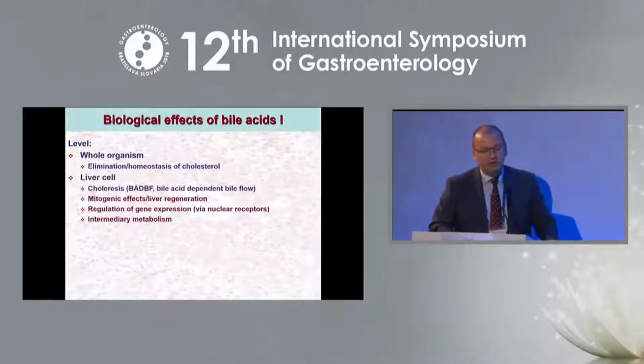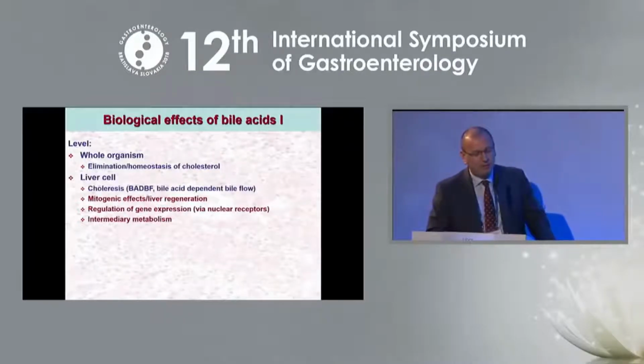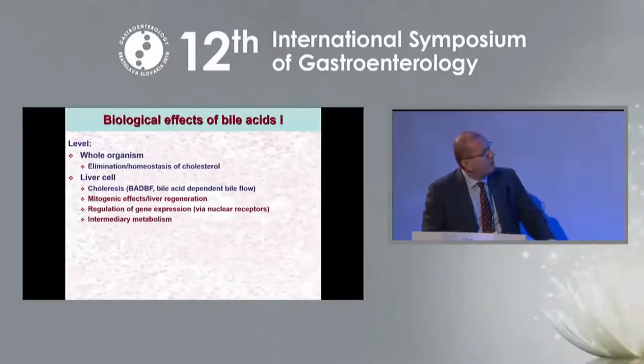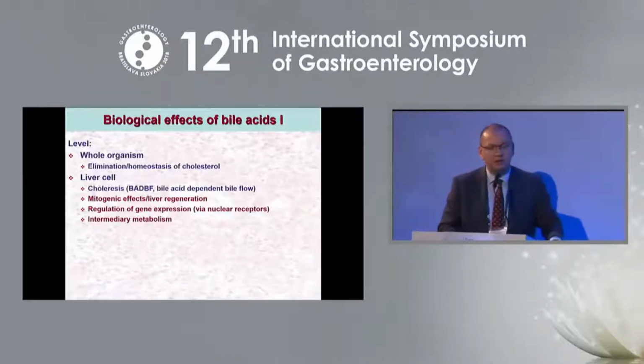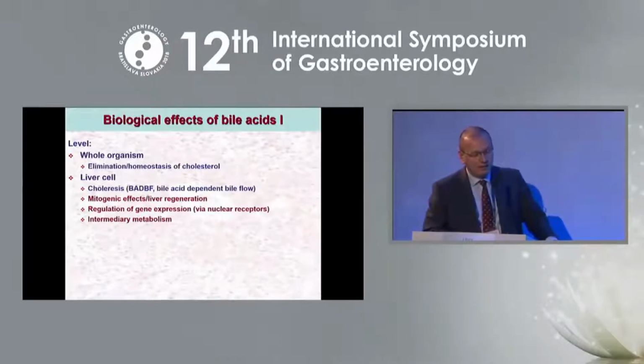On the level of the liver cell, they are responsible for cholaretic effects. We call it bile acid dependent bile flow. Those effects in blue color are classical. Those in red color are novel or emerging effects during the last years.